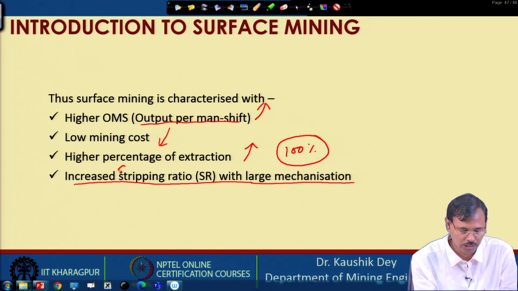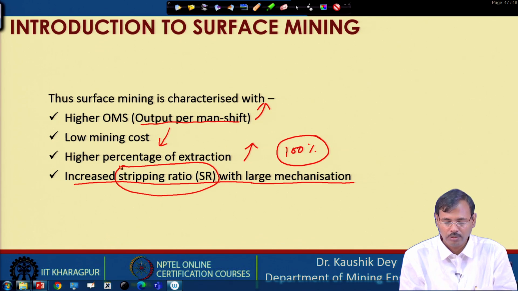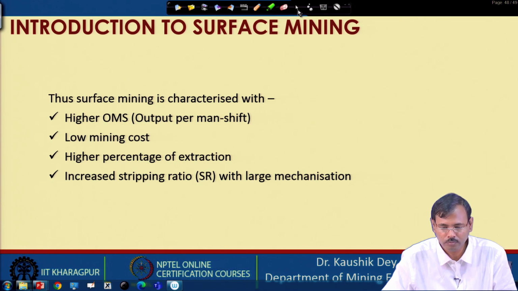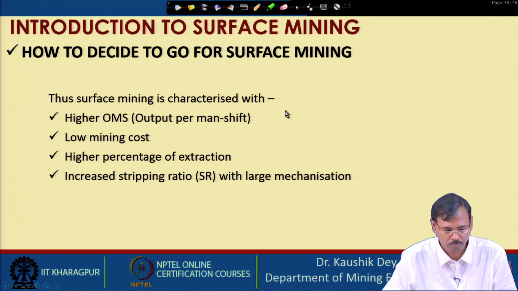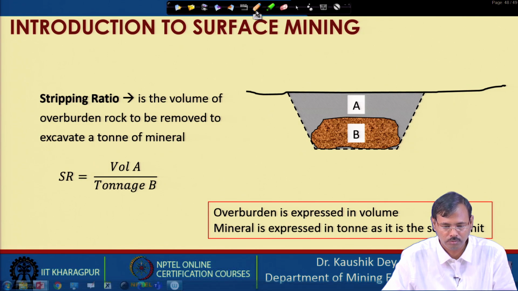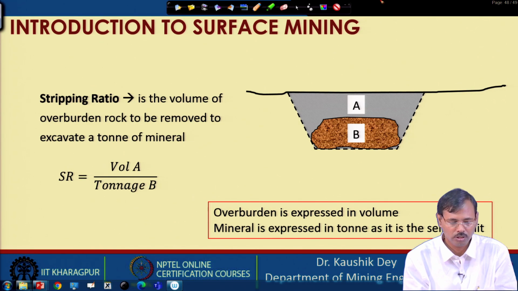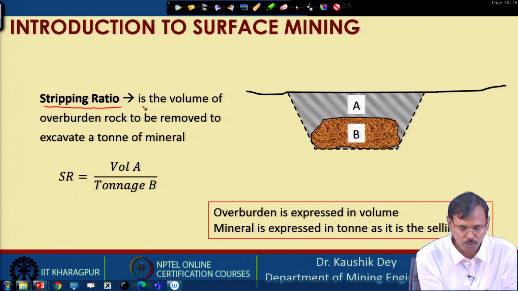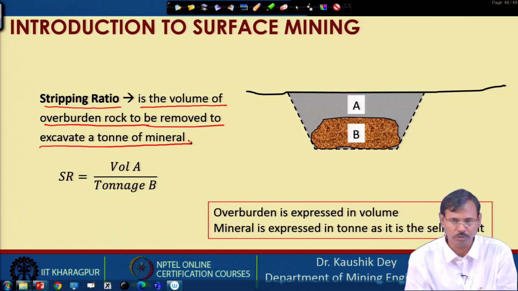Now, this new term is there, stripping ratio. So, what is this stripping ratio? Let us try to understand. Stripping ratio is the term used for the volume of overburden to be removed to excavate a ton of mineral.